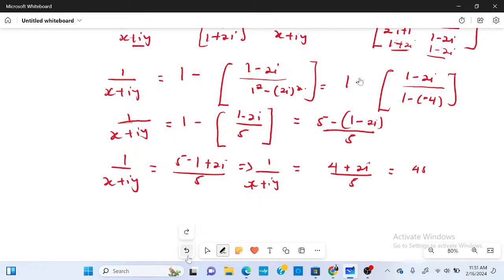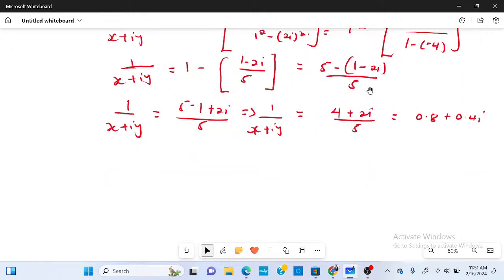So let me make it decimals and see. I'll simply get 0.8. 2 over 5 is the same as 0.4, so 0.8 plus 0.4i. That is 1 over x plus iy, right? So I'm going to get 1 over x plus iy to be equal to 0.8 plus 0.4i.